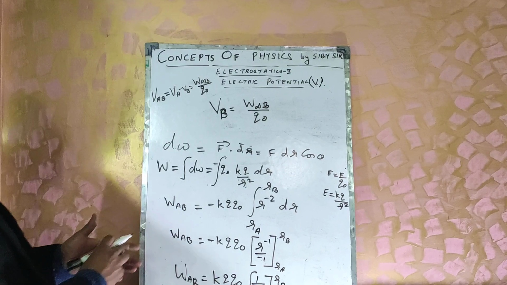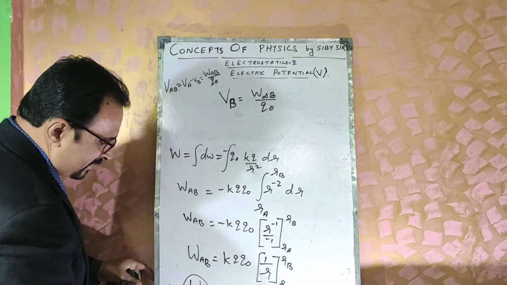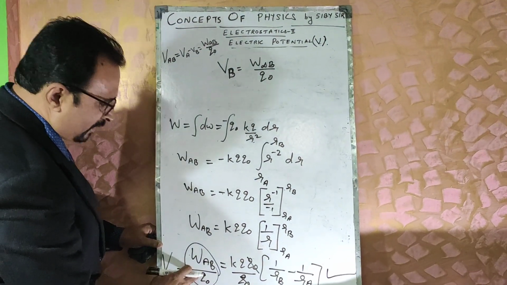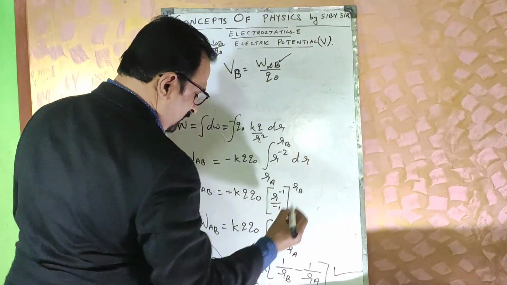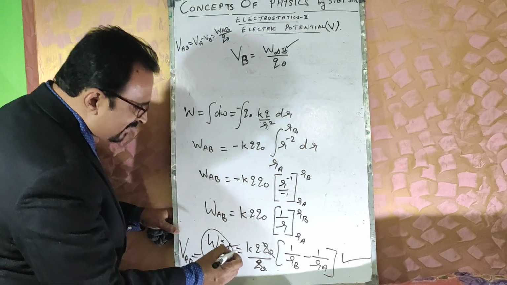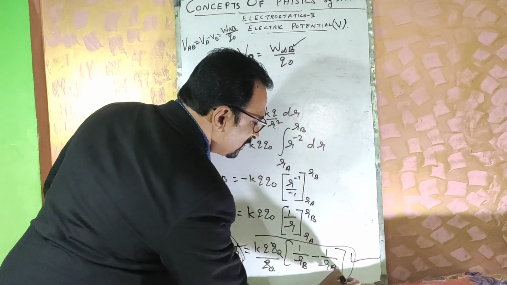Is it right? So, you use this idea in this equation. This is VAB or WAB by Q naught. So, WAB, if you need W infinity B, B is B itself. Right? And instead of A, what is there? Infinity is there. So, you can replace that idea in this equation.